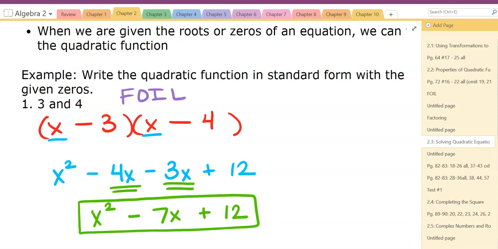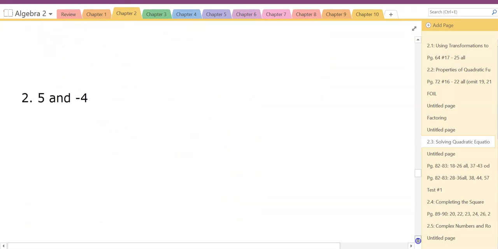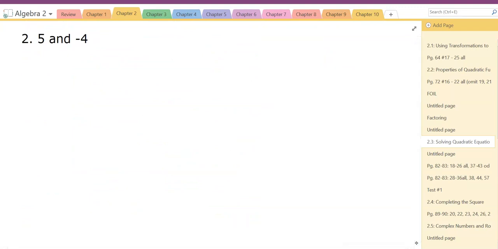Okay, so if you remember how to FOIL, this shouldn't be too terribly difficult for you, because you're just using the distributive property twice. But we use first, outside, inside, last to help us so we don't have to draw a bunch of arrows. Now, if you have a root that starts out negative, like on number 2, where I have 5 and negative 4, I start with my parentheses, just like we did on the last one, drop an x into each one, and then minus signs.